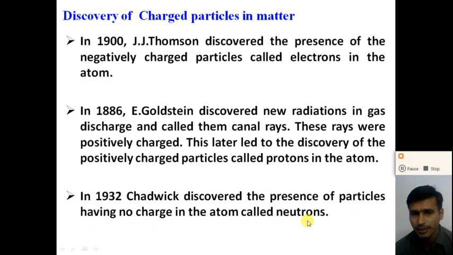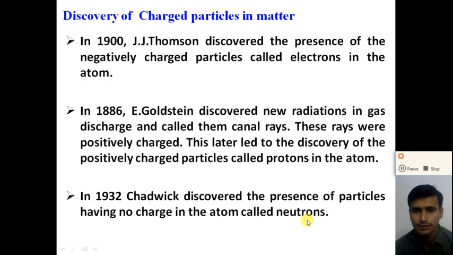Experimentally, Chadwick measured the mass of the atom theoretically and the mass of the atom practically, and these were quite different. From that, Chadwick discovered the presence of a particle having no charge. There is no charge on the neutron.